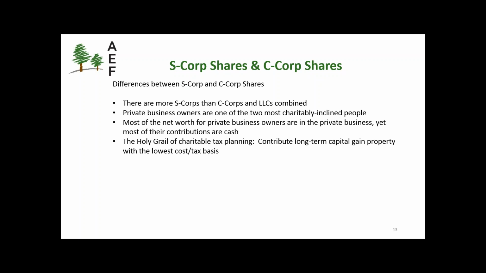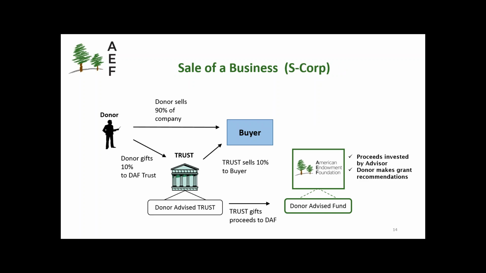So now let's go through an example of S-corporation stock itself and how this business sale works. I first want to say that we're going through a flow chart of S-corp. We'll do the same thing for C-corp, very, very similar. But I want to make a couple key points here. The first point is you see the donor.